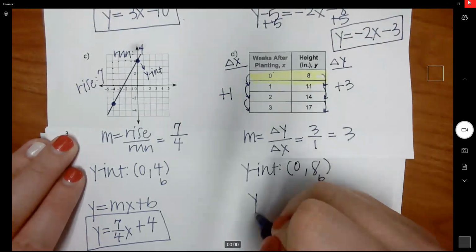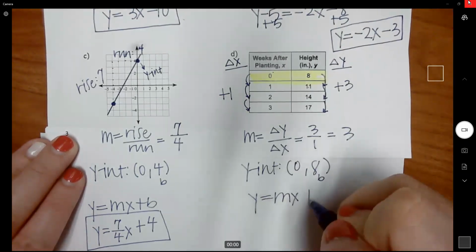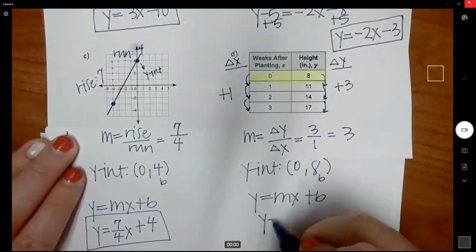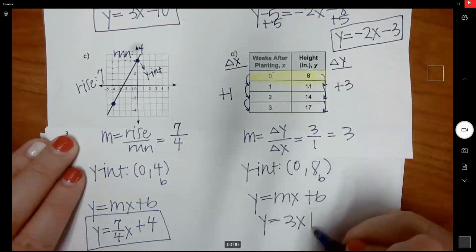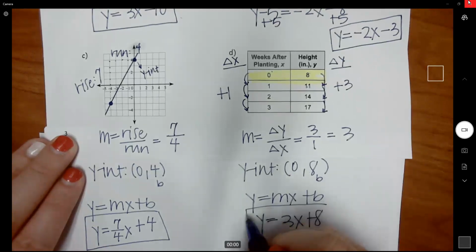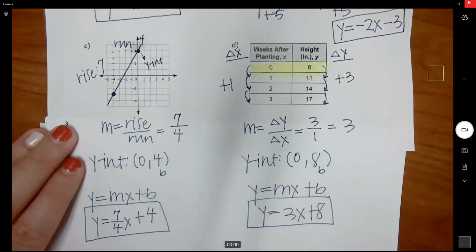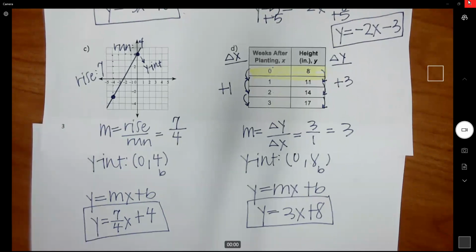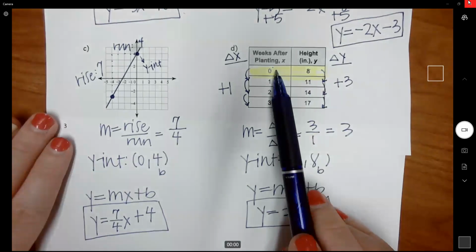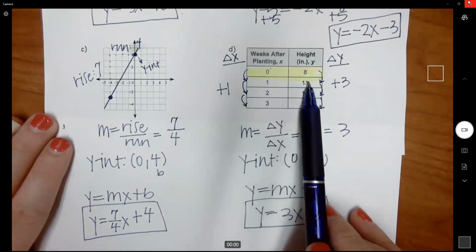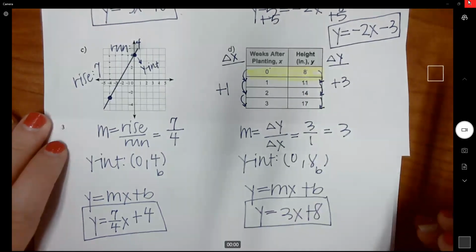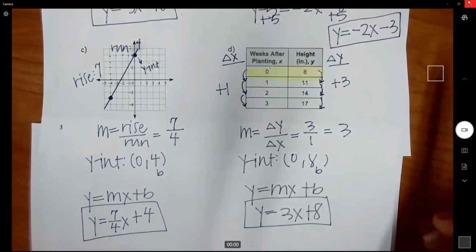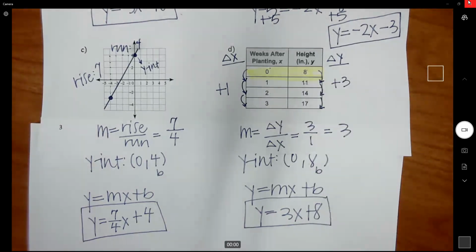So now y equals mx plus b. My m is 3 plus my b of 8. You can again make this your x1, y1, x2, y2, find the slope and then put it in your point slope formula. But we have all the information we need from this chart.